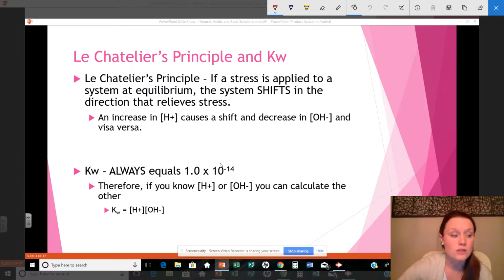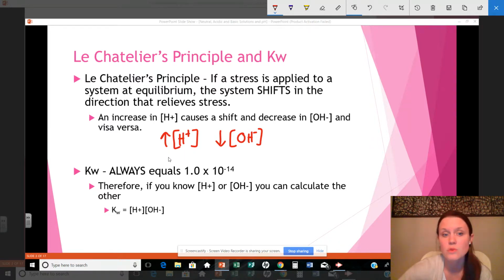In a solution in equilibrium, if you increase the hydrogen ion concentration, the system will respond. And the system responds by reducing the hydroxide concentration. So those two things are related. The hydrogen concentration and hydroxide concentration are related. If one increases, the other decreases.